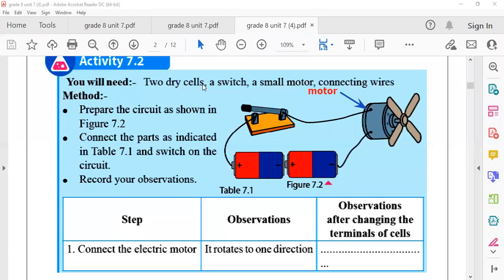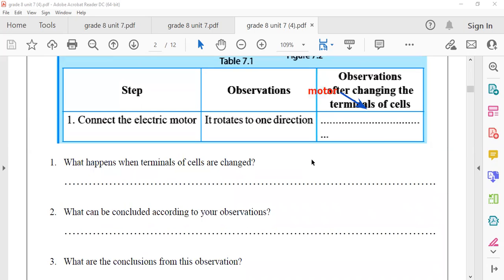Okay, have we marked it? Yes, sir. So, what is the first question to you? What happens if the terminals are changed?